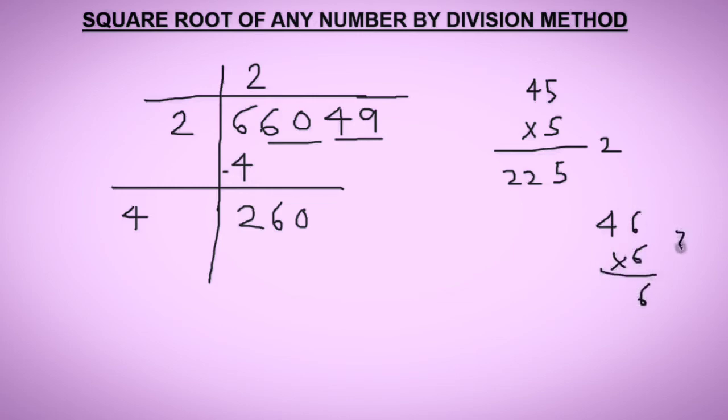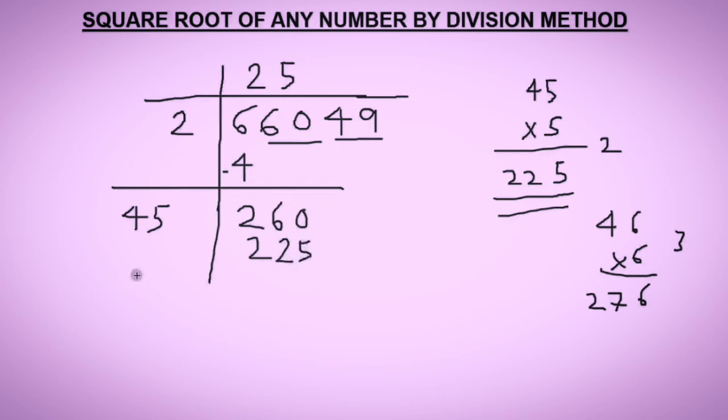We will get 36, 3 and 27, right? As you can see, 276 is greater than 260. That's why we are taking 5 as our unit digit. So writing 5 over here and here. Now 45 is our new divisor.